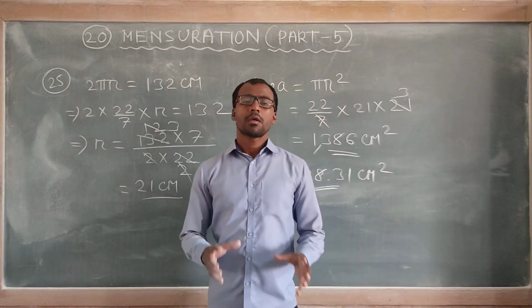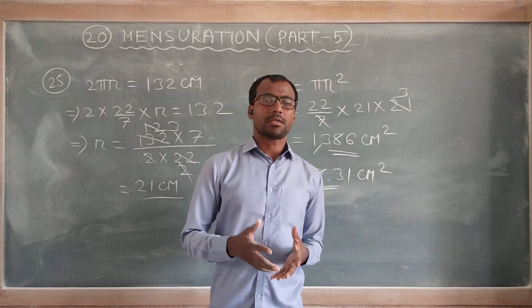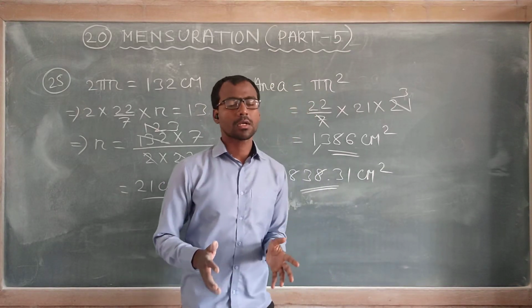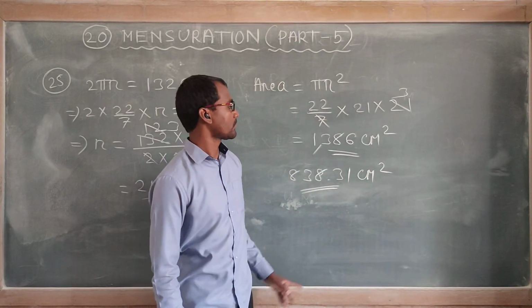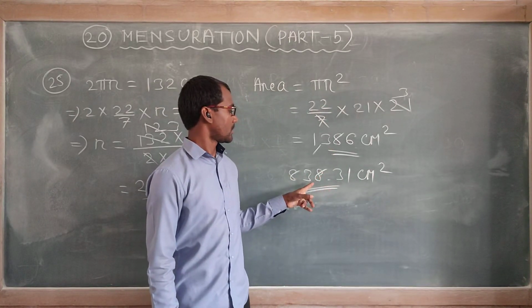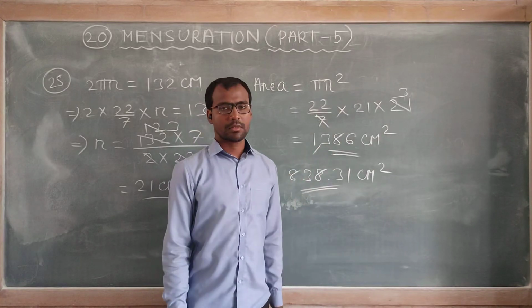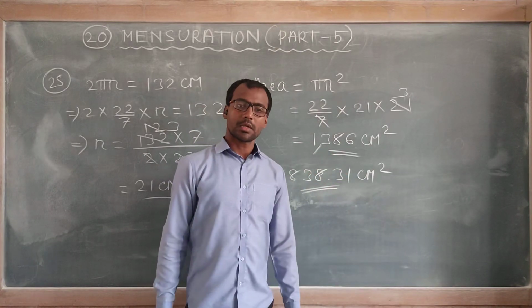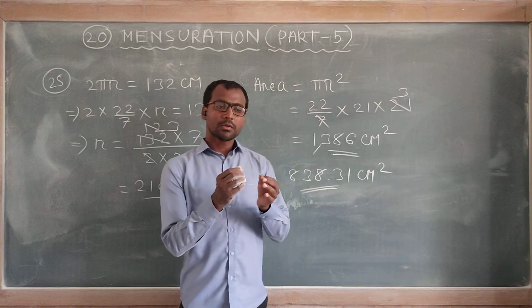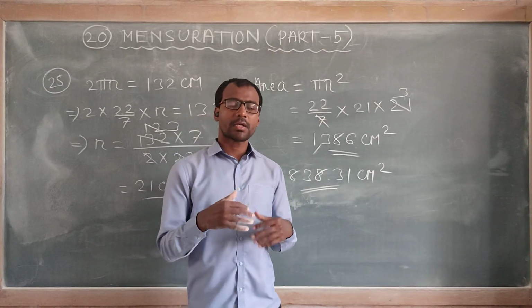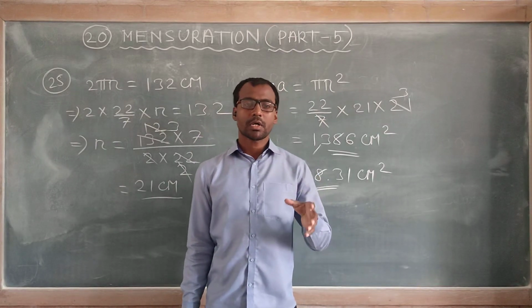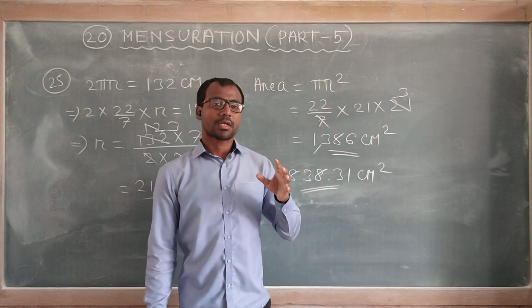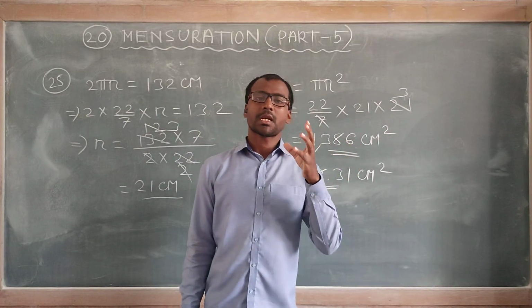So remember, for wire problems, area will definitely change, but perimeter will never change. Now see whose area is more, equilateral triangle or circle? Definitely the circle. Remember, using a wire, you can form different types of figure. You can form triangles, quadrilaterals, pentagon, circle, anything. You can make ellipse.